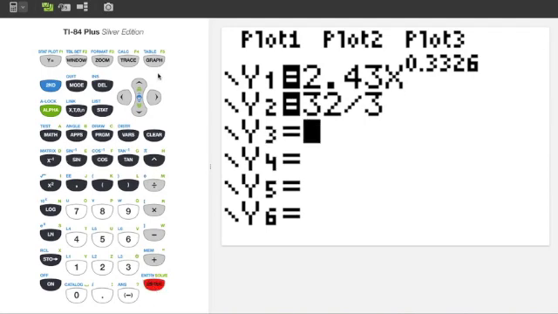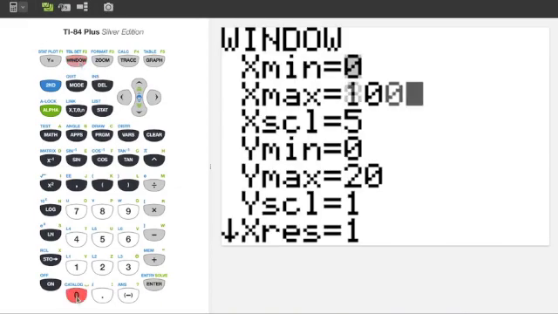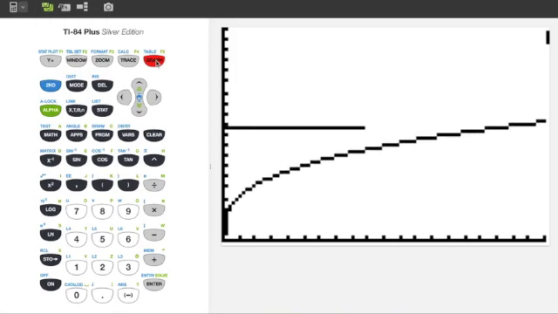Enter that. And here's my graph, and you'll notice that it crosses and goes off to the side. So let's make it 100. And now graph that. And you can see the line shows where it's crossed.